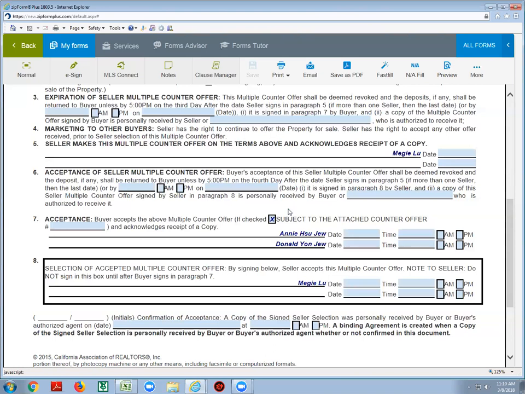Higher price. Did you ever think about that? Because they may counter everybody at the same price. You want to be the winner or not? I don't know how many they counter, two or three, right? If the other party signs it back and you're adding $1,000 more, what will the seller choose? Higher price. It gives you a higher chance of being the winner.